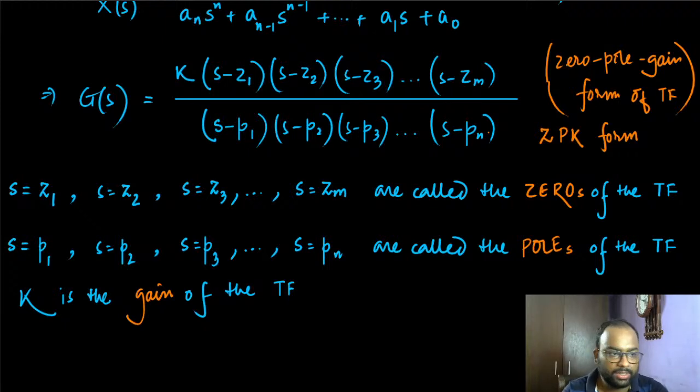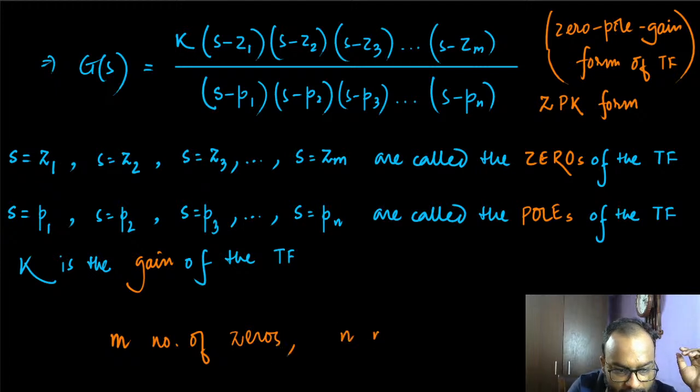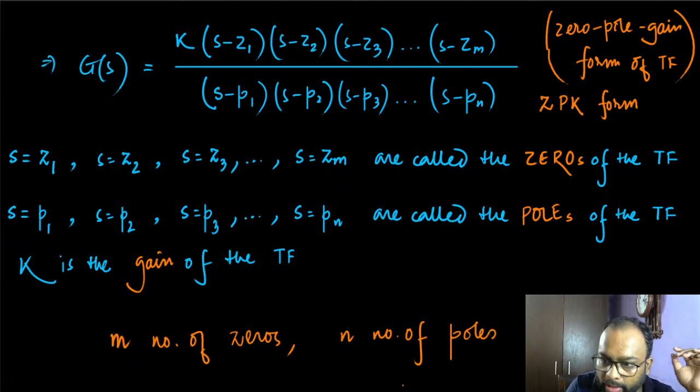Just to once again mention, this transfer function has m zeros and this transfer function has n poles.